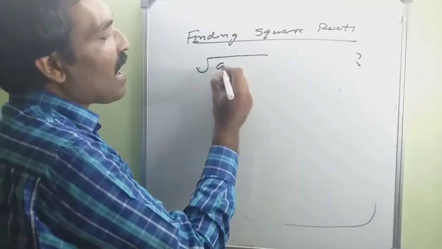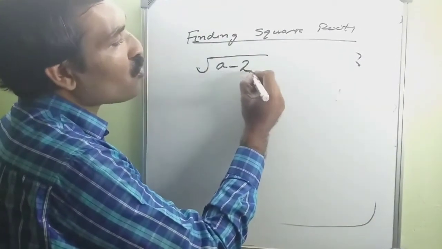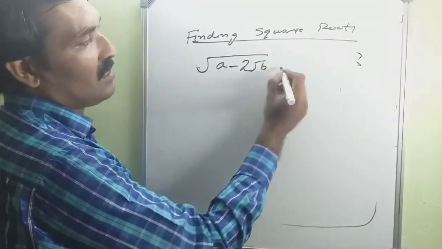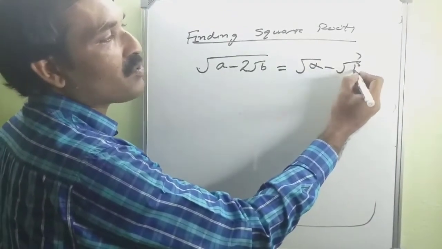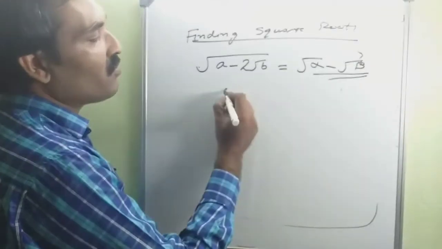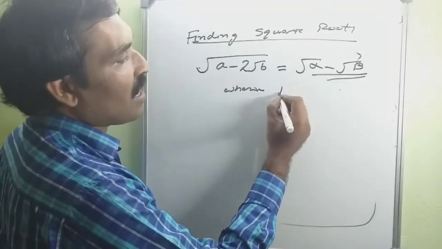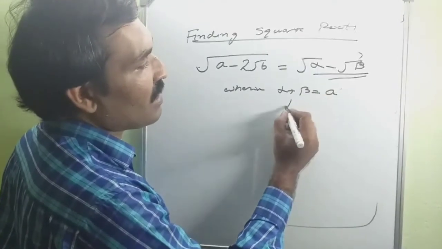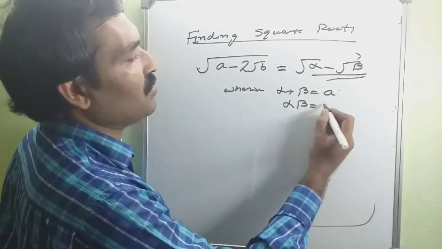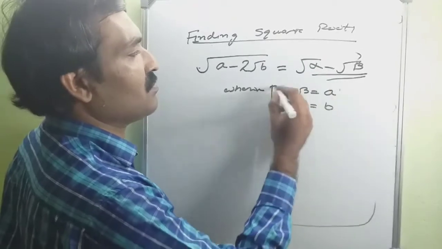Root of a minus 2 root b, here it is minus, is equal to root alpha minus root beta, where alpha plus beta is equal to a and alpha beta is equal to b.